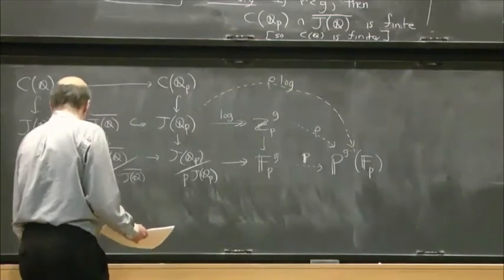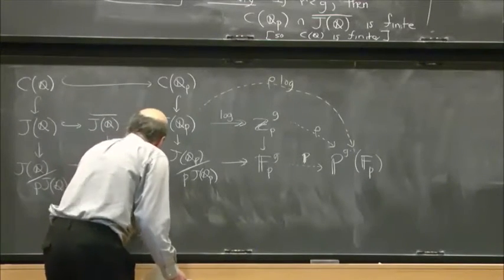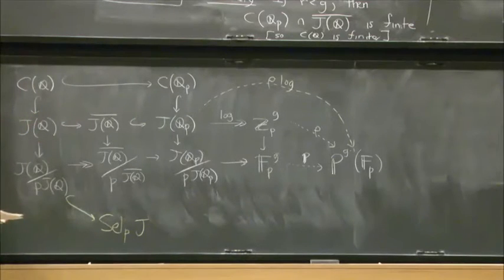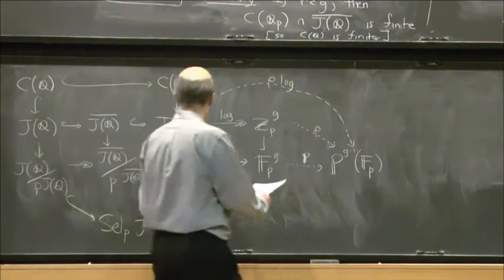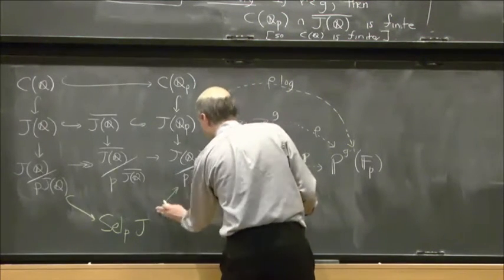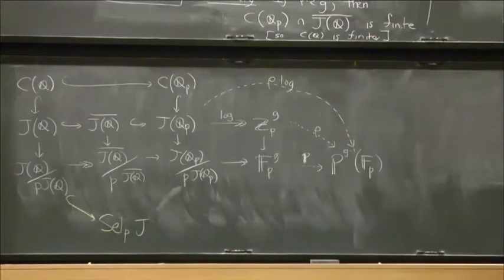So the Selmer group fits into this picture here. So let's put the p-Selmer group. There's an injection like this, and there's also a map like this, which I'll describe a little later. So for now, what is this Selmer group?